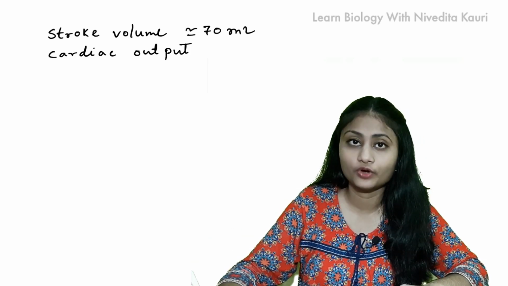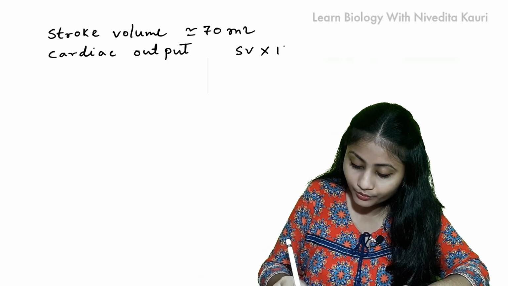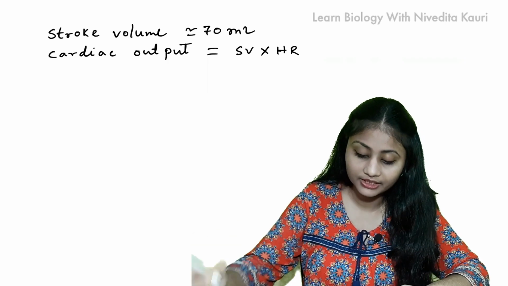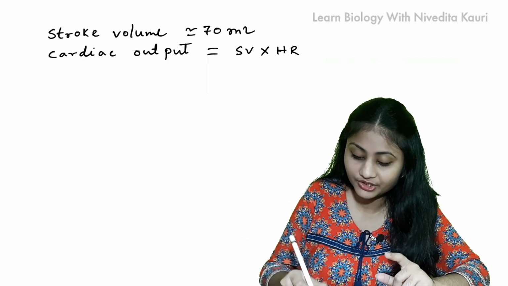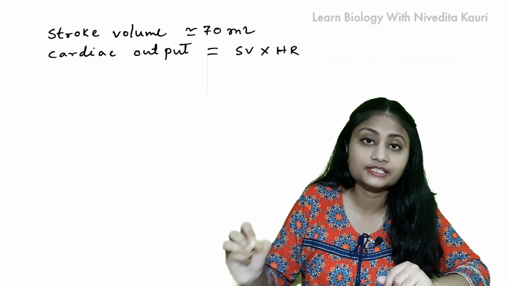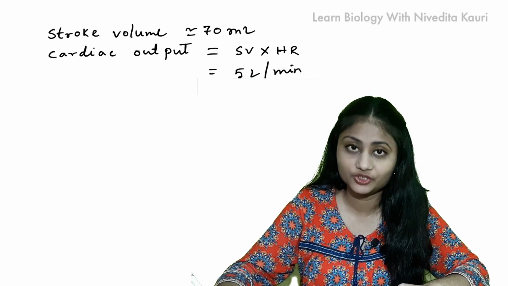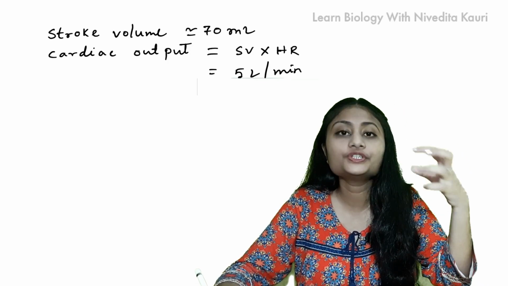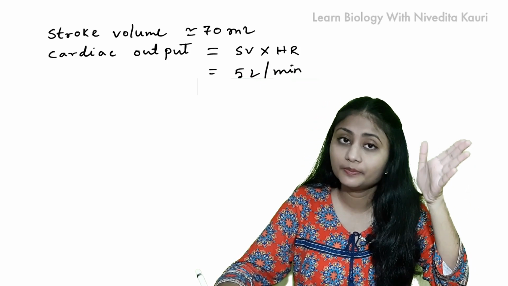This is the stroke volume. And if we multiply stroke volume with heart rate, then the result will be the cardiac output. On an average, it is 5 liters per minute in a healthy individual. So, cardiac output is the volume of blood which is pumped by each ventricle per minute.